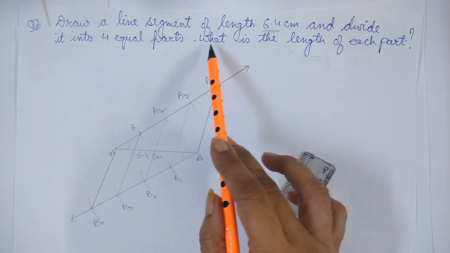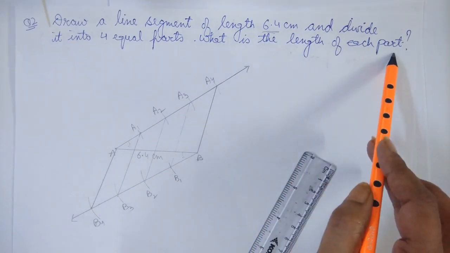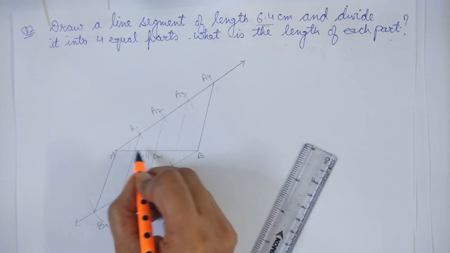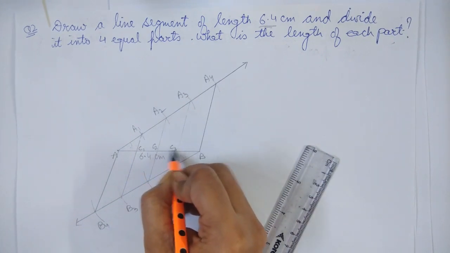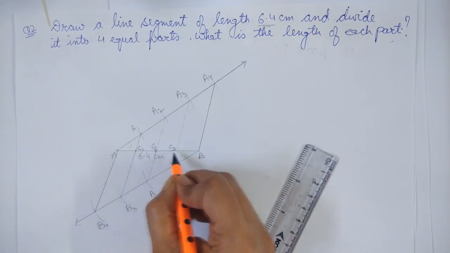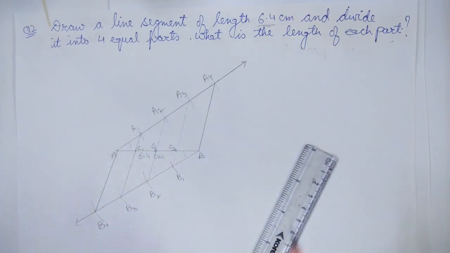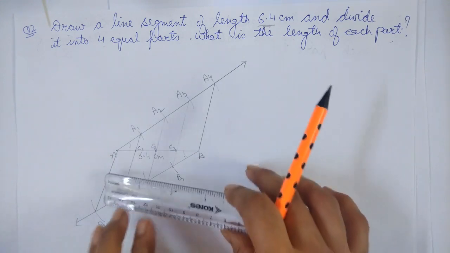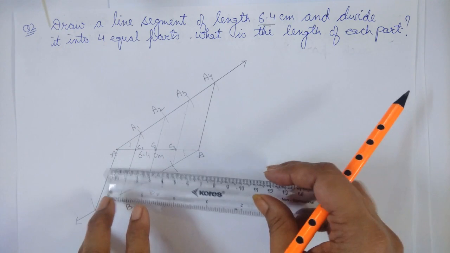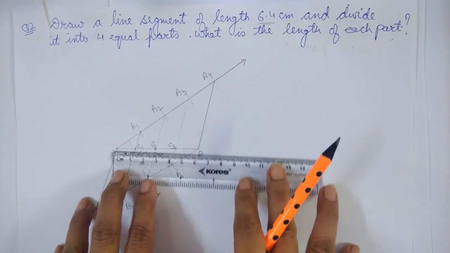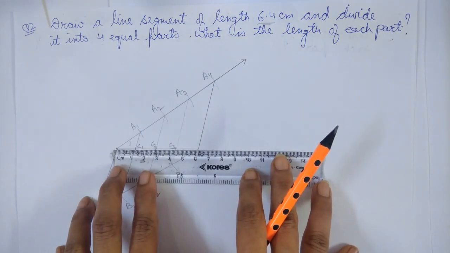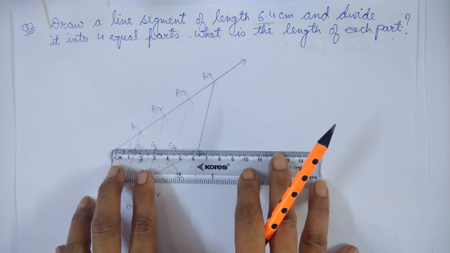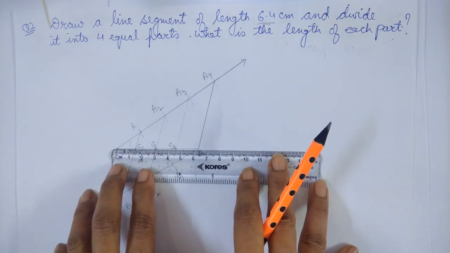Now the next part is, what is the length of each part? Let each part be named C1, C2 and C3. Now what you have to do, measure the length of each part. The length of each part should come as nearly 1.6.